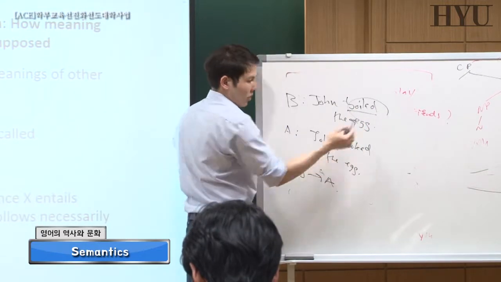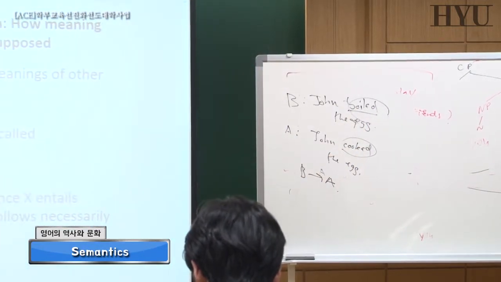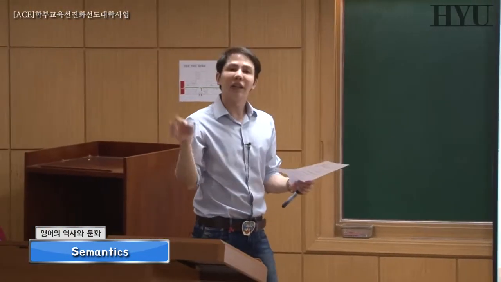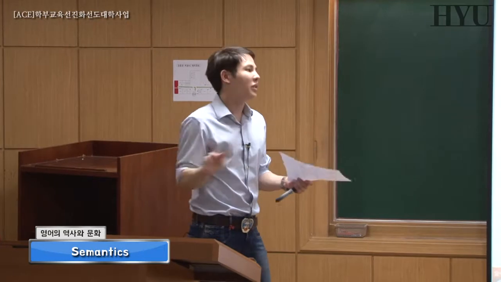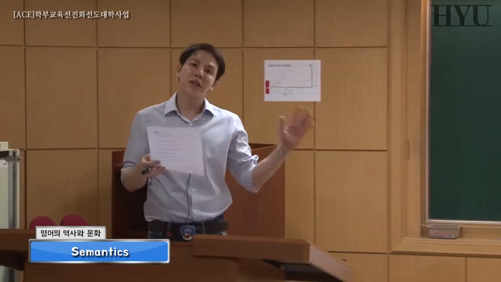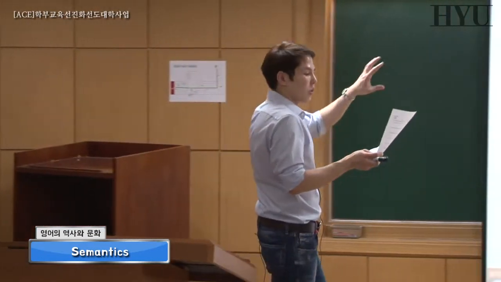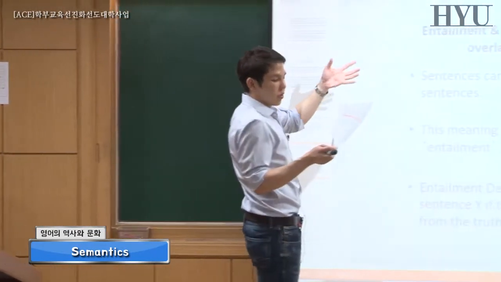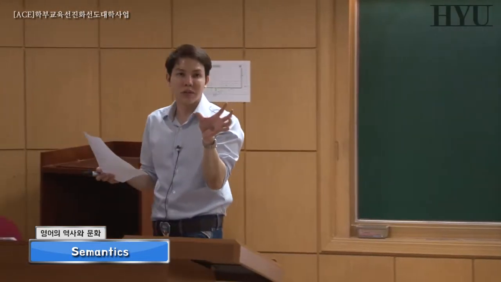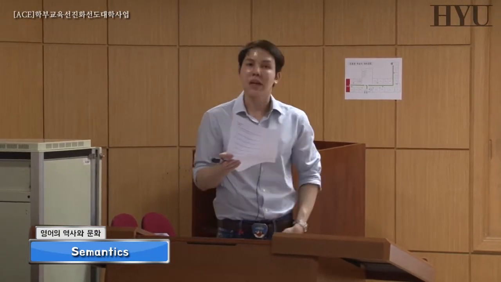Is boiling one type of cooking? Yes. So if he boiled the egg, then it must always be the case that he cooked the egg. So B entails A, but A doesn't entail B in this case. So the two sentences are not equal in terms of entailment. Only B entails A, but A doesn't entail B.